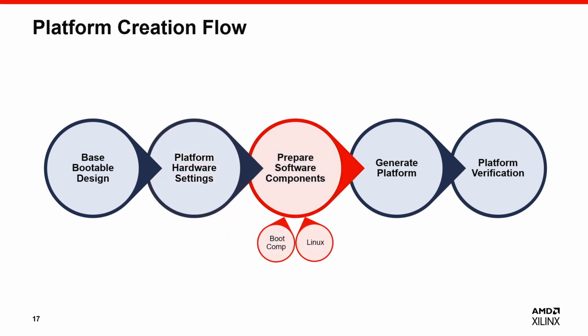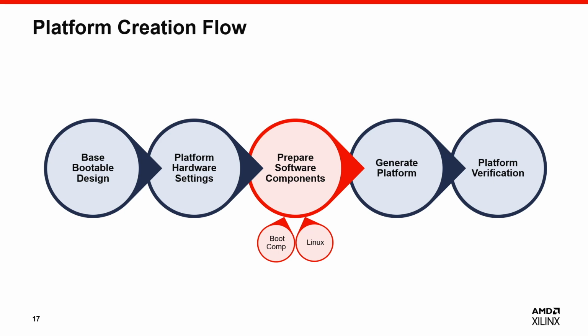After XSA file is ready, user can start preparing software components, including Linux-related image, such as Linux kernel image, DTB, root file system, and sysroot, and also the boot components, such as Arm Trusted Firmware, U-boot, and DTB. Linux is required because the execution of kernel needs to be controlled by XRT, which currently only supports Linux on ARM.